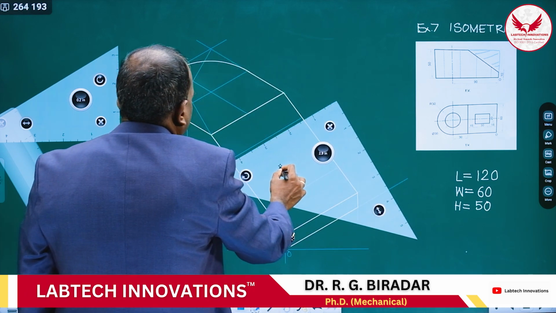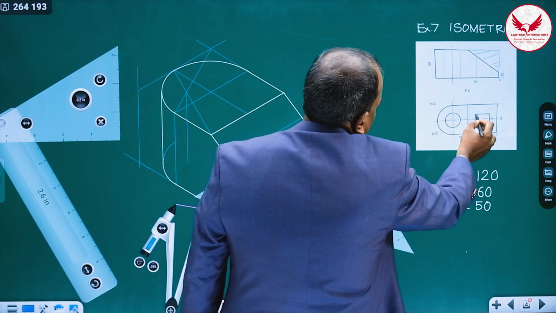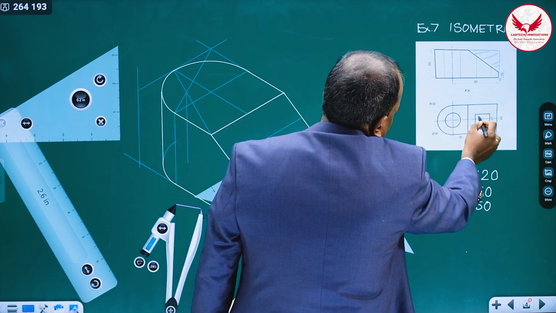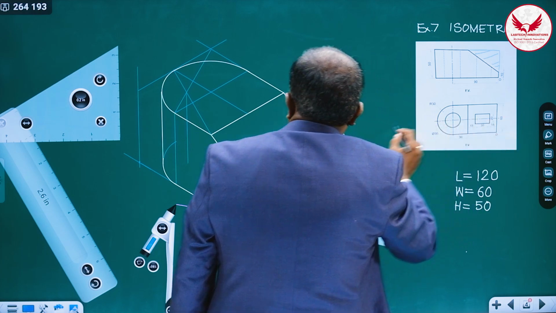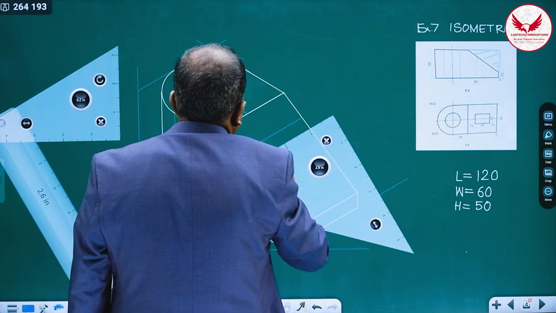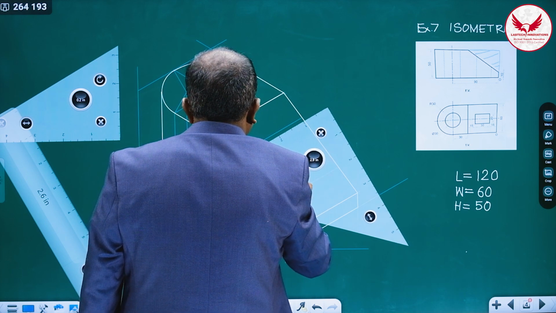And again, whatever this gap is, it is 20, 20, and inside it is 20. That means from this side we have to leave 20, from that side also we have to leave 20.